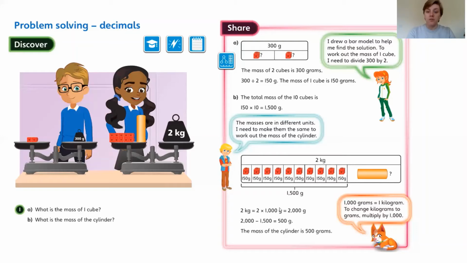Now 2 lots of 1,000 grams equals 2,000 grams. So 2 kilograms is the same as 2,000 grams. Now we need to take away this 1,500 grams from this 2,000 grams. So 2,000 take away 1,500 equals 500 grams. So the mass of the cylinder is 500 grams.